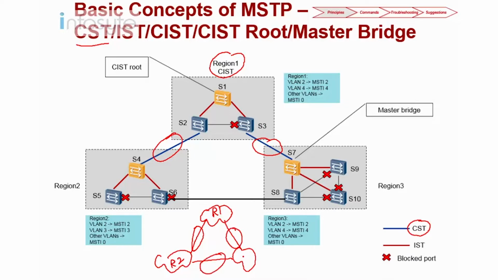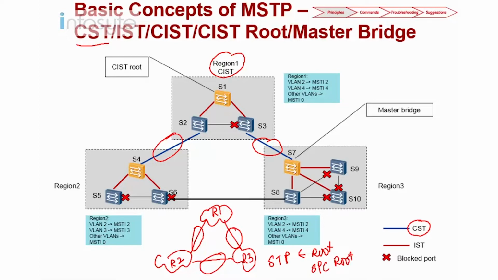So think about it like I have 3 regions, 1, 2, and 3. This is like 3 big giant switches connected together. If you still remember how we calculate the spanning tree protocol, first we select the root, then we look into the shortest path cost to the root.